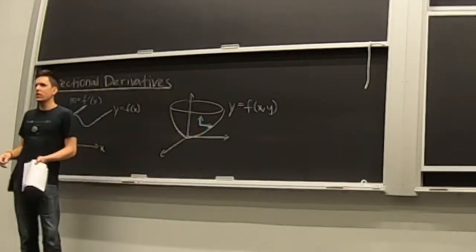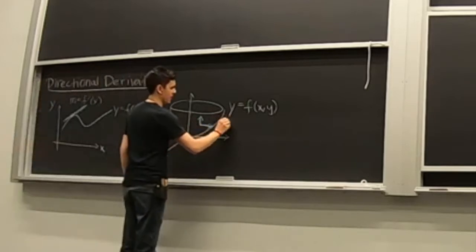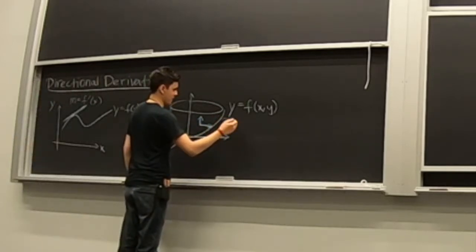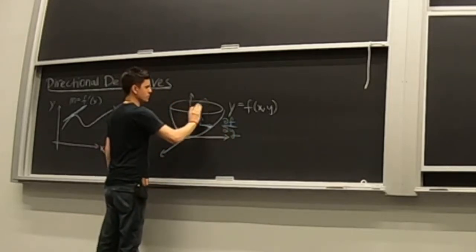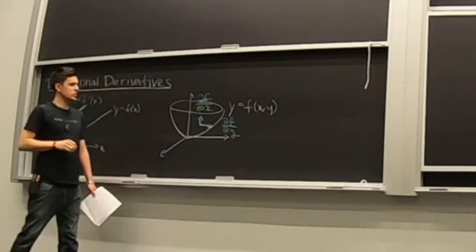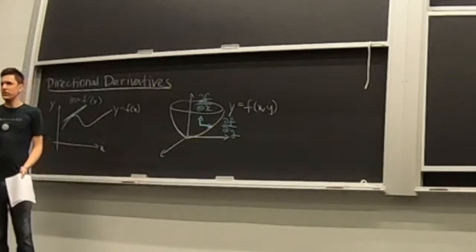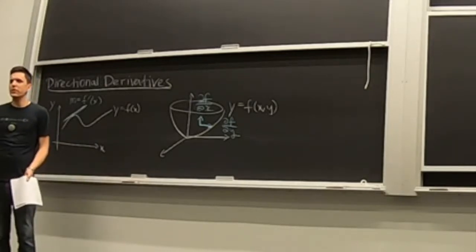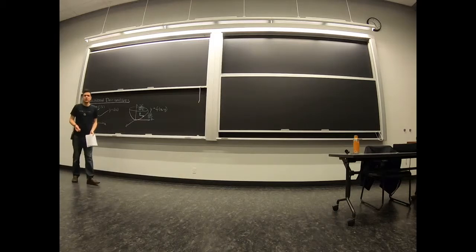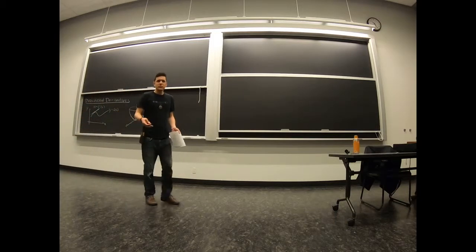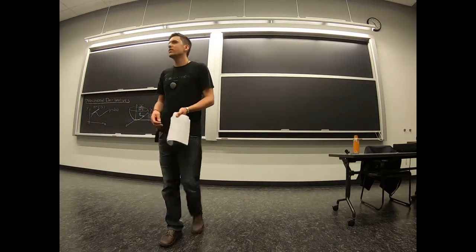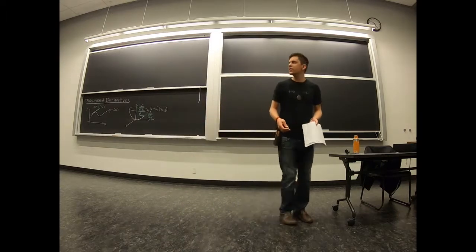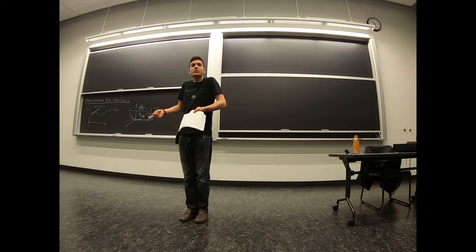Those give us those two notions, the change as y varies or the change as x varies. So these are where you move parallel to the coordinate axes. But as we move around in the world, we don't always go parallel to the coordinate axis. We don't always go forward and backward or left and right. We can go in different directions.